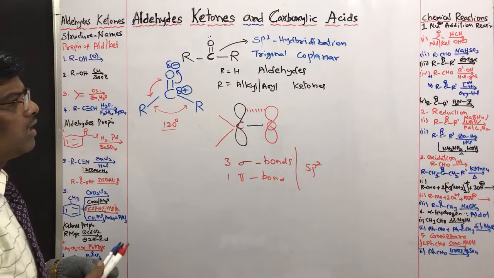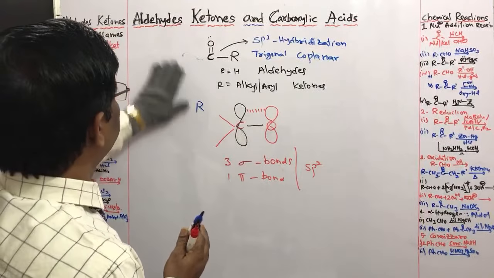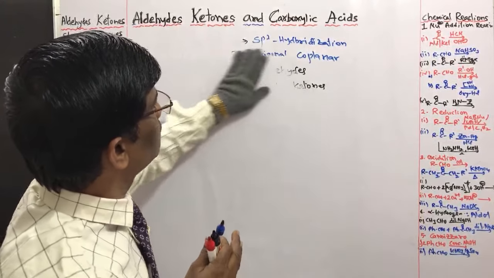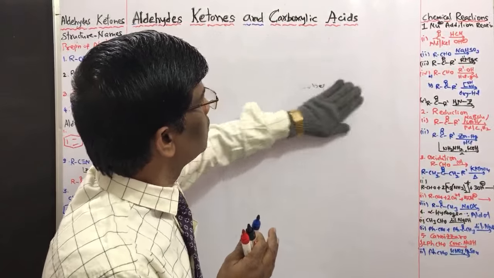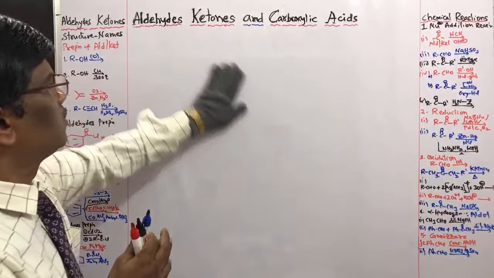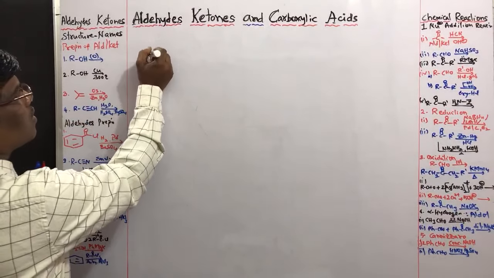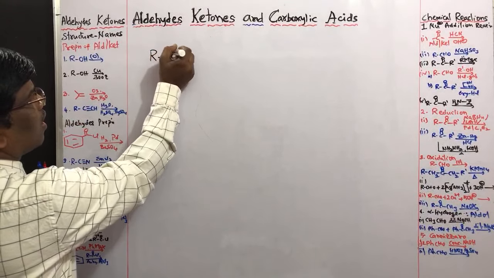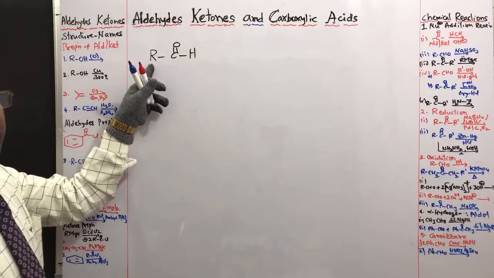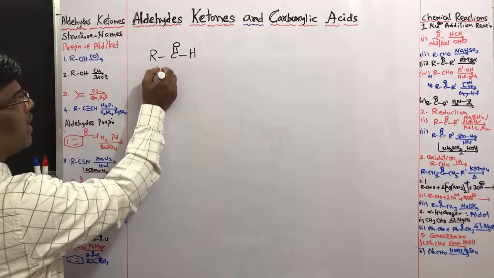Then what are the common carbonyl compounds we come across? For example, if it is a hydrogen and R can be alkyl or aryl, it doesn't matter, these are aldehydes.